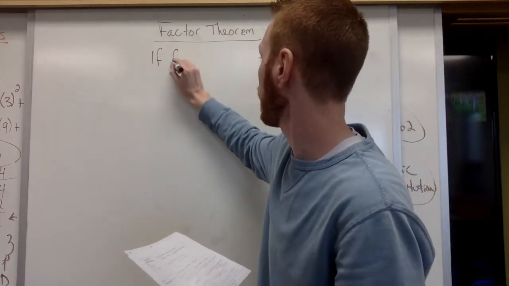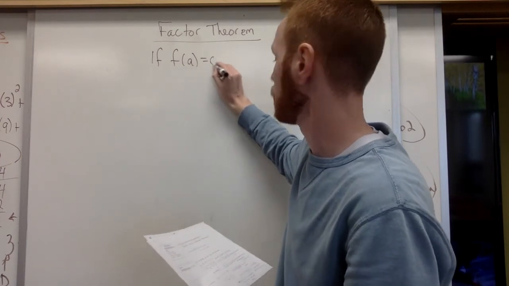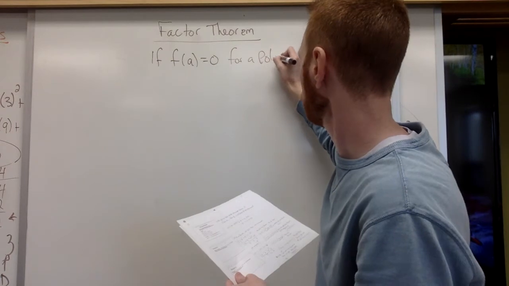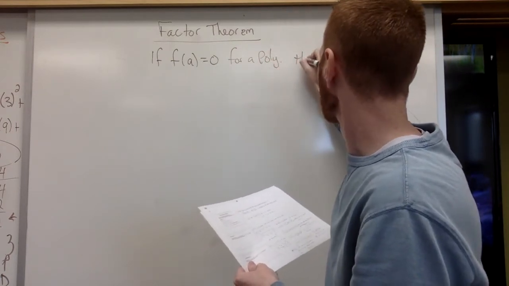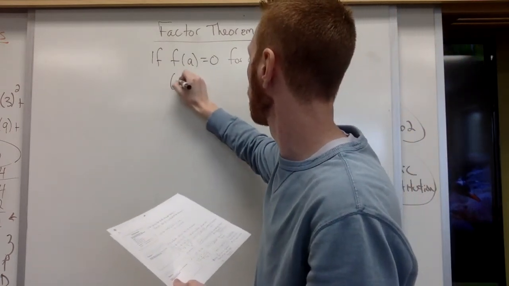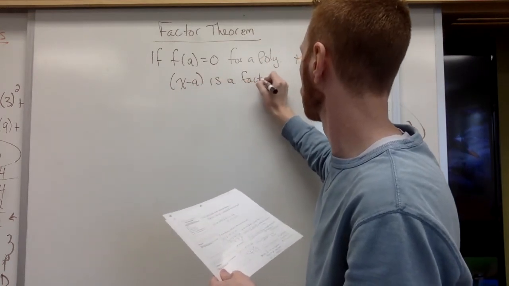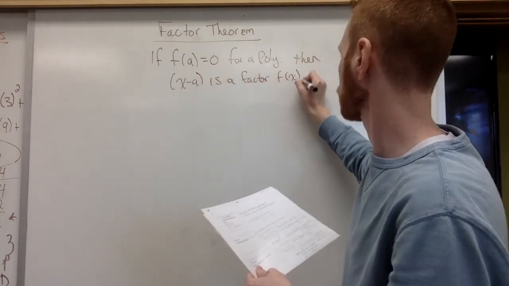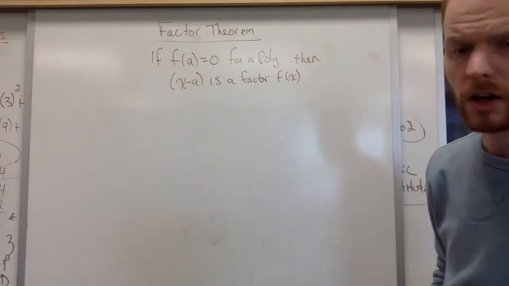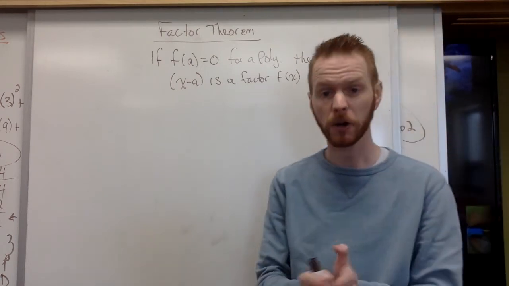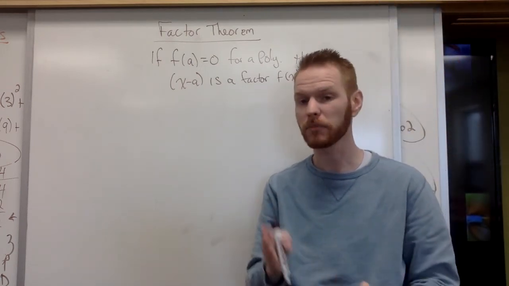So if f of a is 0 for a polynomial, then x minus a is a factor of the function f of x. Okay? We talked about this in the past already. If my remainder is 0, then that number is a factor.